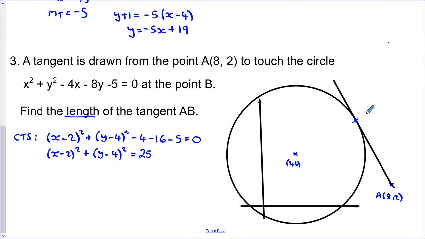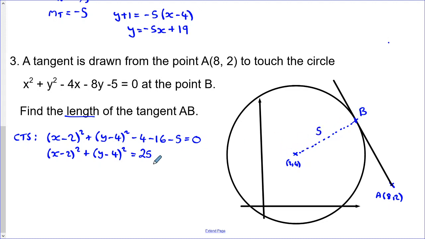That means that is where B is, and I want to know the length of this line. Now we do this by creating a right angled triangle. Since this is the centre, this here would be a radius, centre to the edge.